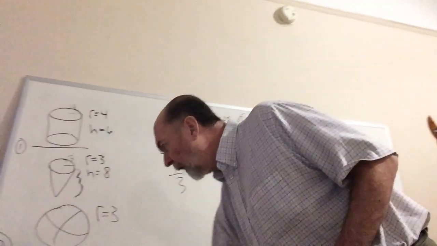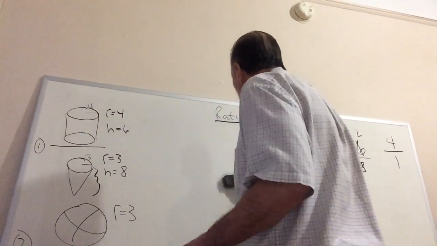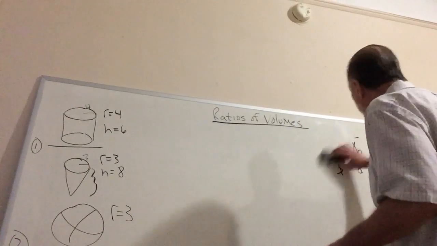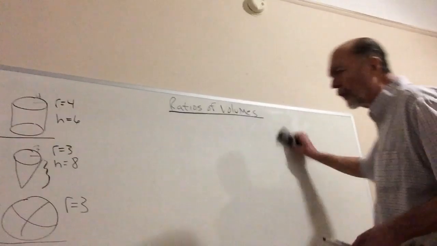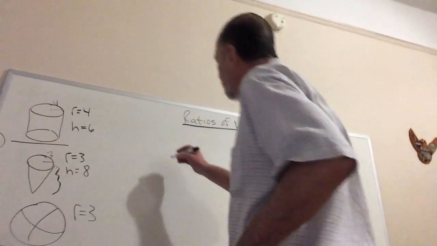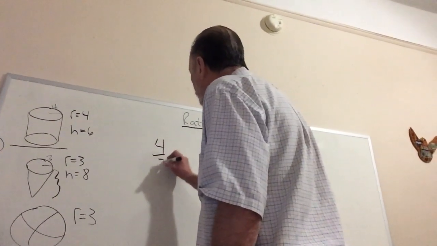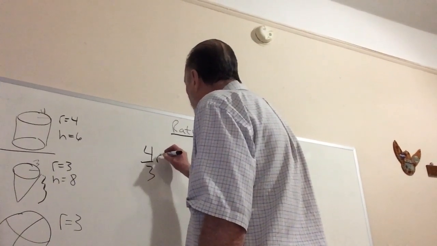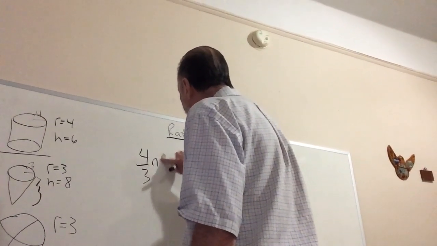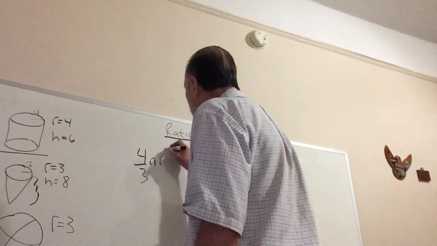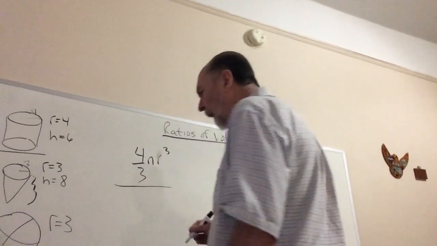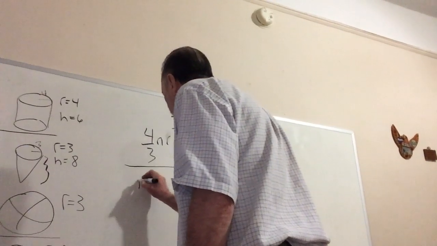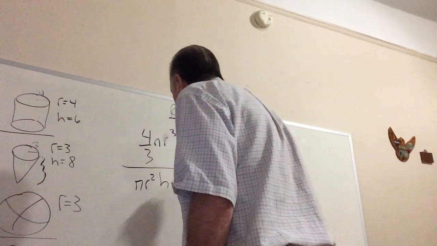Now, I'll do the same problem again. You'll have at least 3 problems. The other ones were compound objects. And here again, I write out the formula that you've written down somewhere: pi r cubed divided by the cylinder, which is pi r squared h.